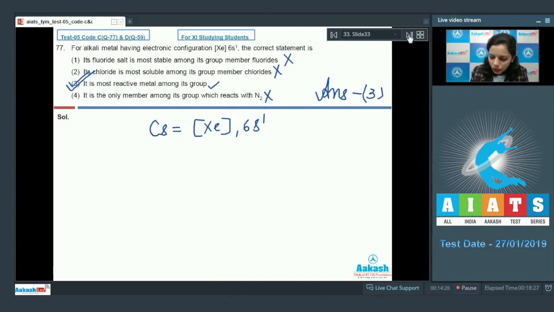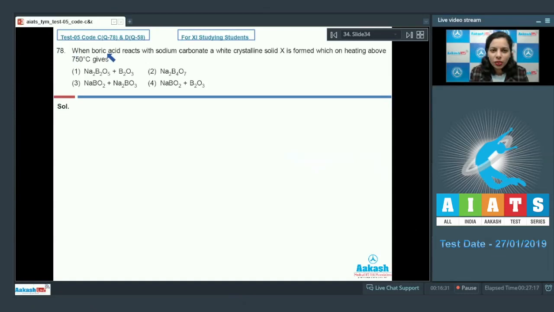After this, there is another question. Question number 78. When boric acid reacts with sodium carbonate, a white crystalline solid X is formed, which on heating above 750 degrees Celsius gives. The clear hint is that boric acid is going to react with sodium carbonate, Na2CO3.